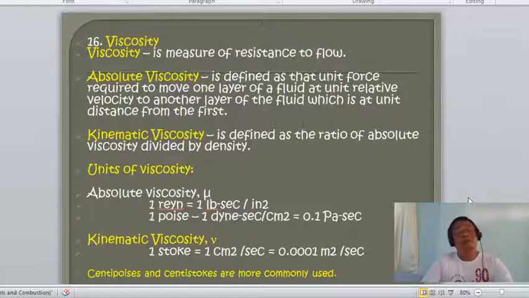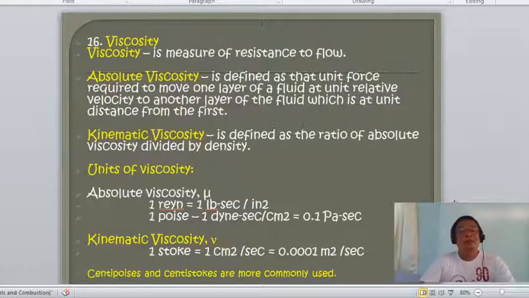So, the higher the viscosity rating of the fuel or oil, the more viscous the oil. We have here two types of viscosity.